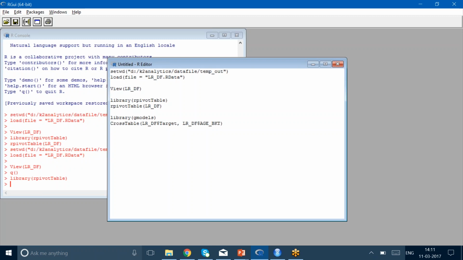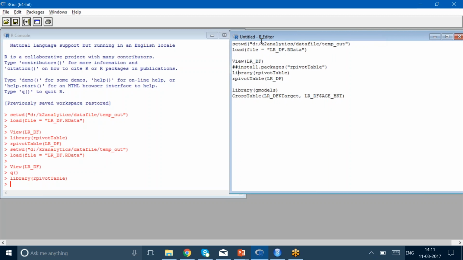Just in case it is not installed on your machine, you have to run this install command, which should help you load the package. Because it is already there on my machine, I'll just comment it out. So when I run the library syntax, the package gets loaded, and there is this data frame already available on my machine. So I'm going to use rpivottable LRDF.